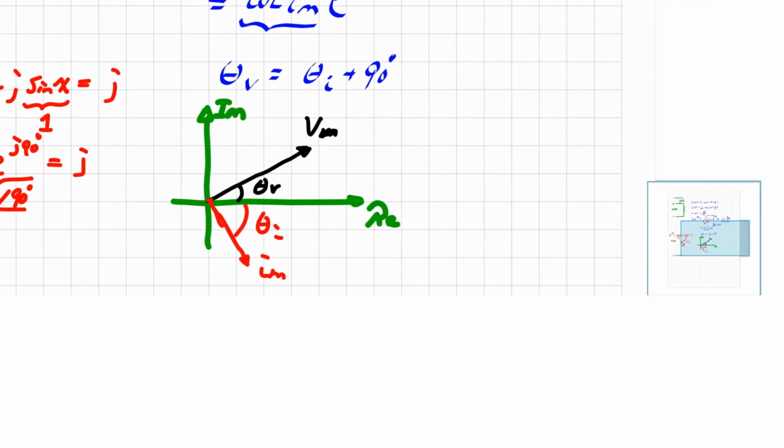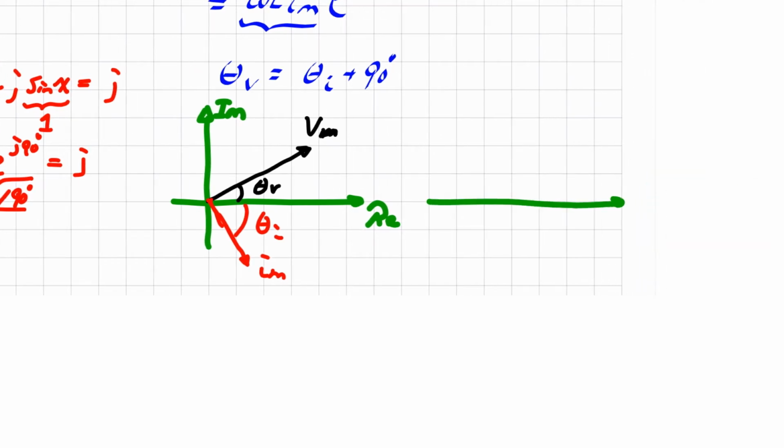In time domain, the voltage here is equal to like this. And the current now is lagging by 90 degrees. So it's starting from this point here.